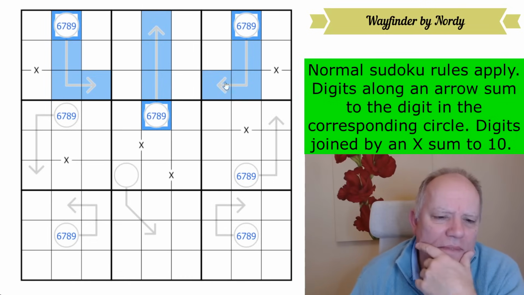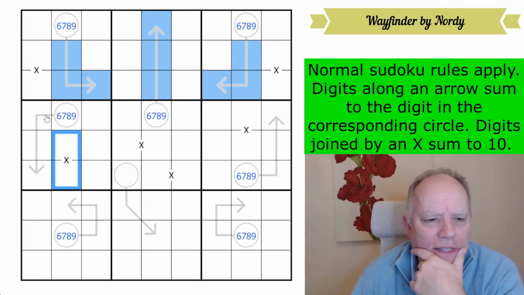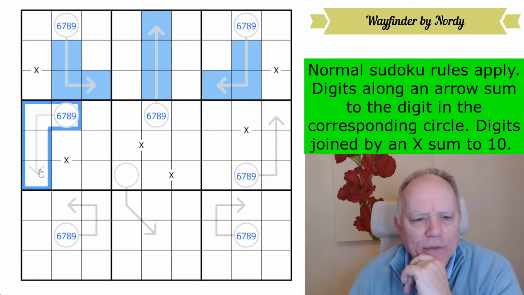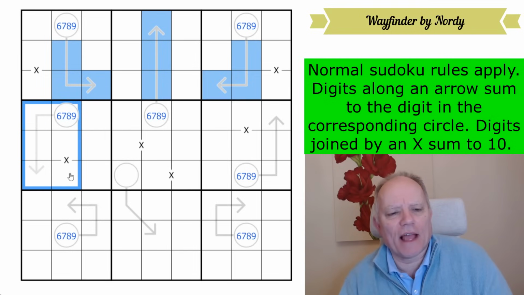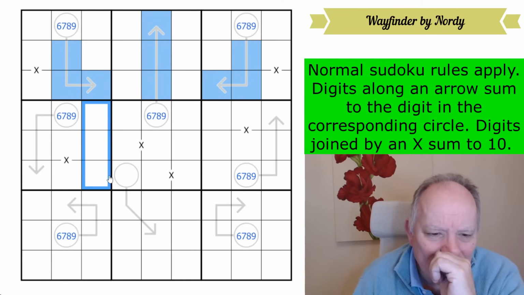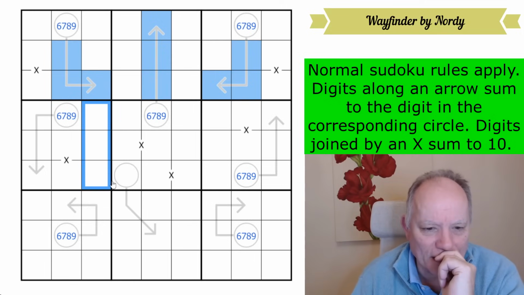Is it to do with the 10 sums in the same cage? So if this was a 9, this group of cells would add up to 18, plus 10 there. The minimum for this group of cells is 17. Is that interesting? It doesn't feel very interesting.